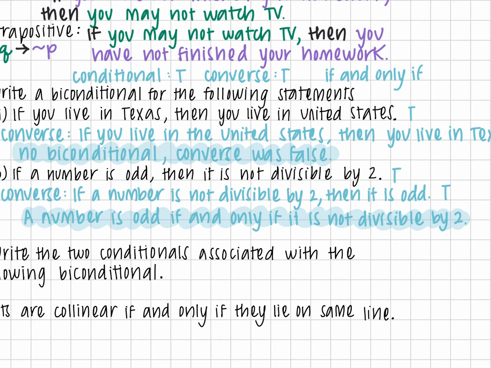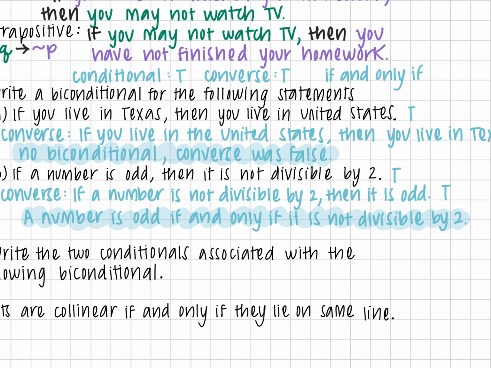Now, technically, I could also write my biconditional where I start with the conclusion of it. So we would have that a number is not divisible by 2 if and only if, replacing that then there, it is odd. So both of those statements would work as your biconditional.